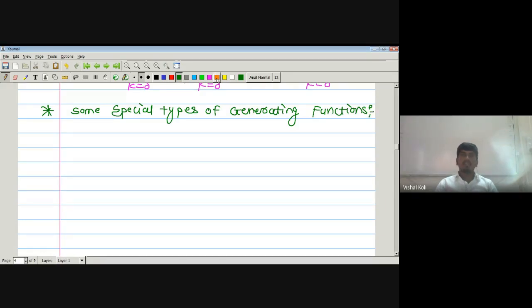In that, the first one is the generating function of the sequence 1, 1, and so on.